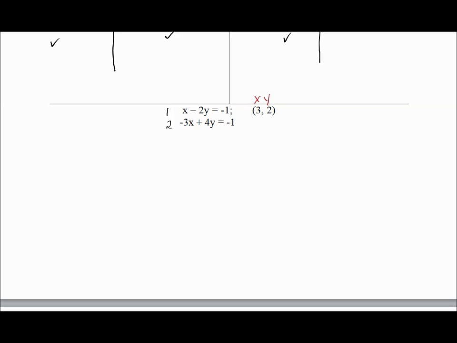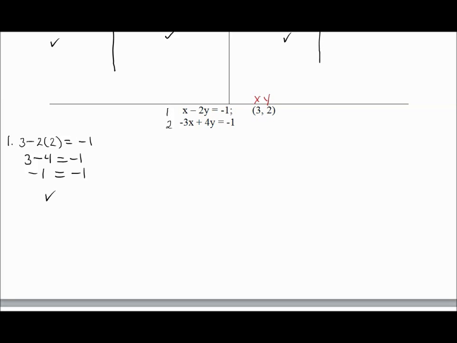For my first equation, that becomes 3 minus 2 times 2 should equal negative 1. On the left, negative 2 times 2 is negative 4, and 3 minus 4 is negative 1, so negative 1 does equal negative 1. That checks out.